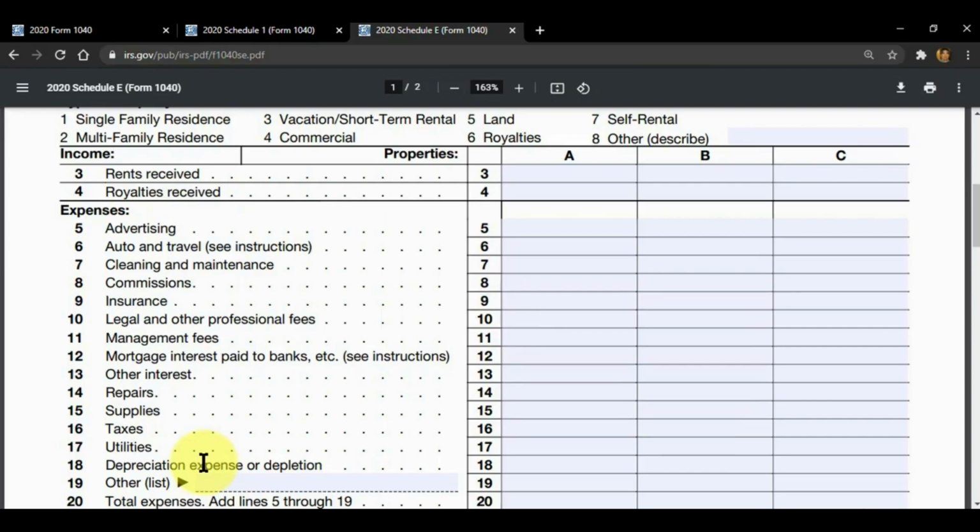Bonus depreciation only applies to tangible property. So, for example, if you're talking about a residential property, that would be maybe the appliances, the refrigerator you buy. Same thing, you can use the 179 for that. Remember, 179 is first, bonus is second, and then MACRS is third.